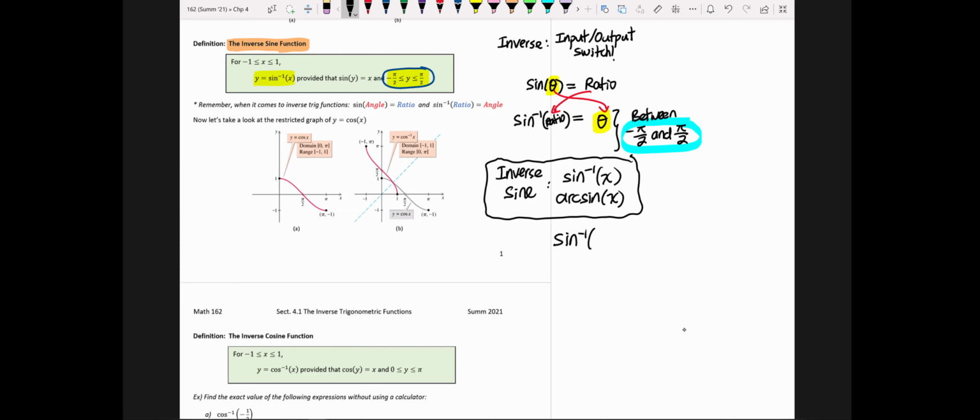So inverse sine is not the same as the reciprocal of sine. So that -1 is not an exponent. It's the inverse notation. It just happens to be in the same spot as the exponent. But that -1 does not represent reciprocal. Instead, it represents inverse.